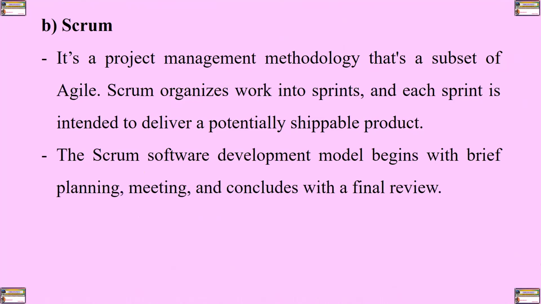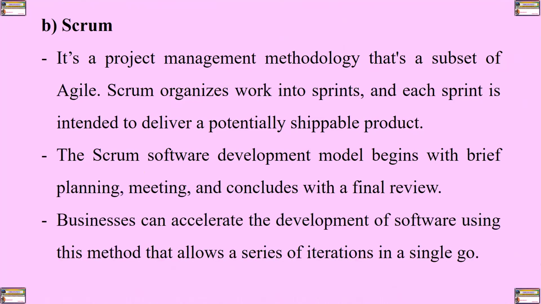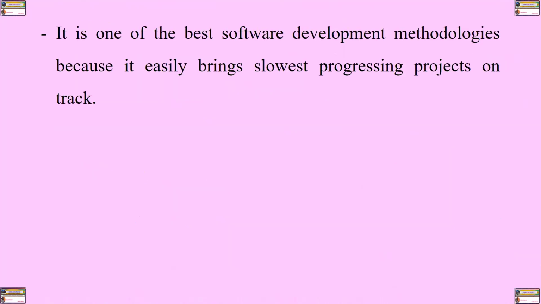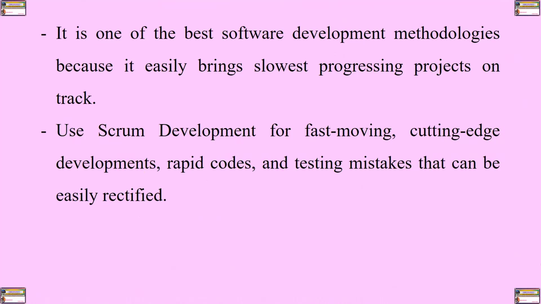The Scrum software development model begins with a brief planning meeting, and it concludes with a final review. Businesses can accelerate the development of software using this method that allows a series of iterations in a single go. It is one of the best software development methodologies because it easily brings slowest progressing projects on track.